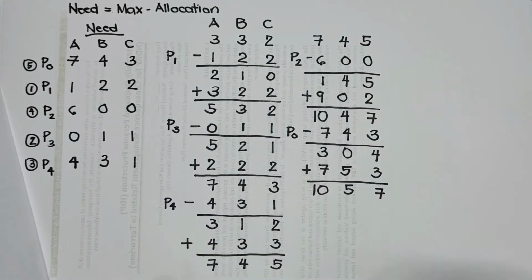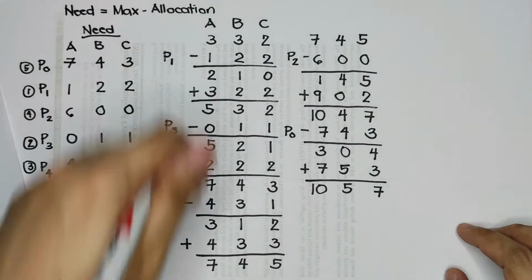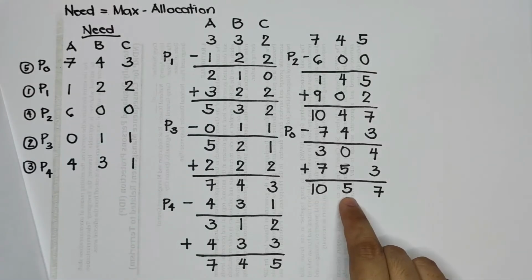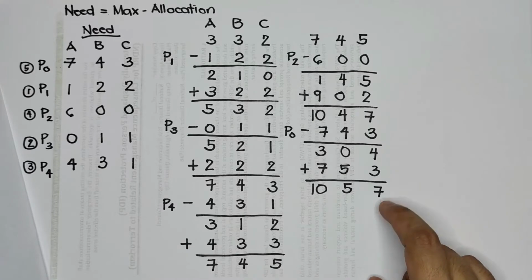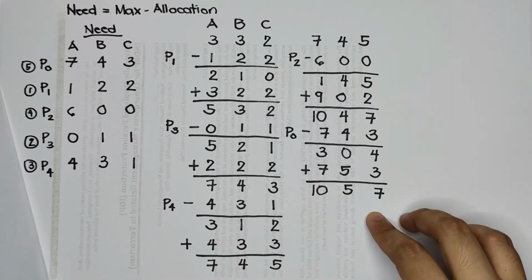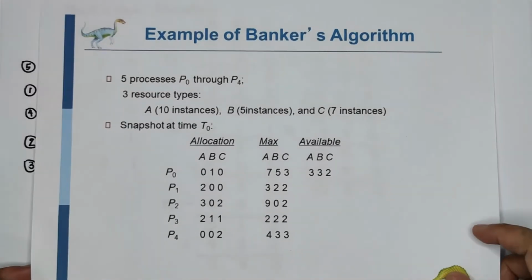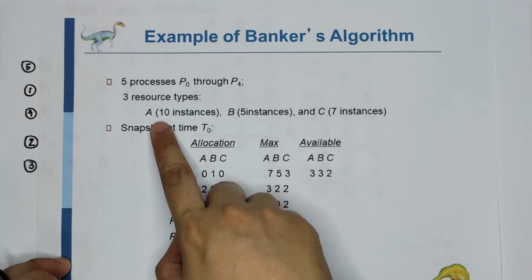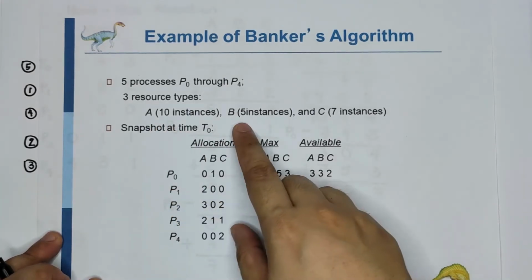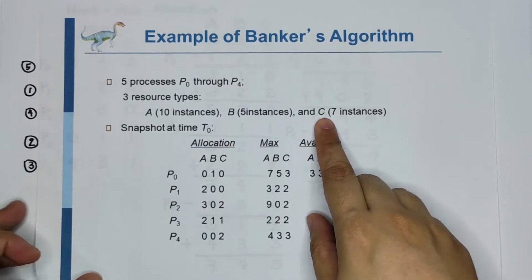How are we going to know if what we have done is correct? We have 10 resources for A, B is 5, and then C is 7. Actually, we can check it. We can verify if what we've done is correct because, as you can remember with the example, it is stated in here that the maximum number of resources for A is 10, B is 5, and then C is 7.